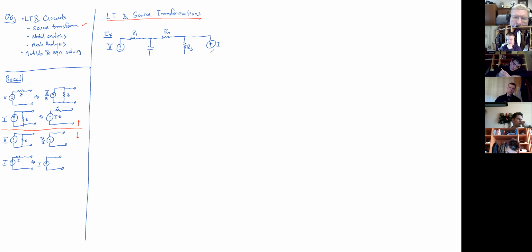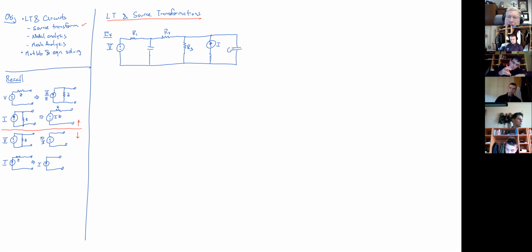These are not static currents and static voltages, but some sort of currents and voltages that are changing with time. And we want to analyze it. So let's say we've already taken it into the frequency domain. We have something that looks like this.